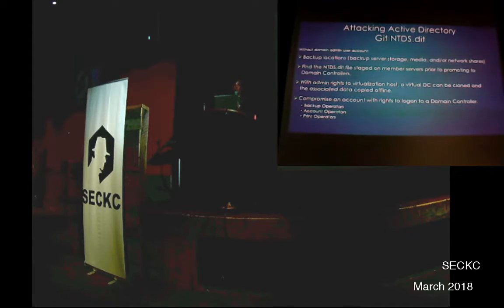And that's why a lot of that enumeration part is important, because you're looking for these sensitive files that maybe are being stored somewhere they should not be. And then some really specific scenarios, like if you have admin rights on a virtualization host, and you have a virtual DC, you can just clone that DC and then take that image with you.